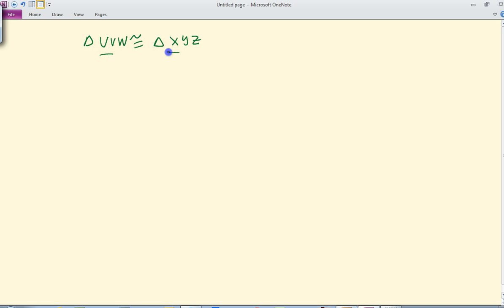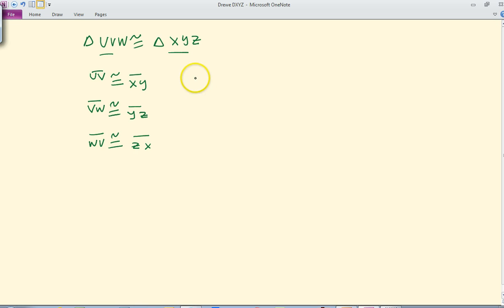Well, because these two segments are in the first position in the name, we can say that segment UV is congruent to segment XY. We can say that segment VW is congruent to segment YZ. We can say that segment WU is congruent to segment ZX.